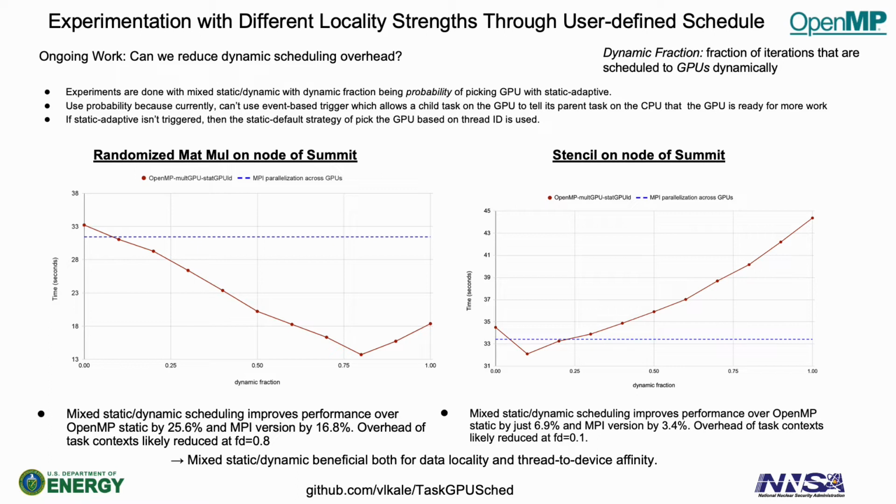The optimal dynamic fraction for the load-imbalanced code is about 0.8, and the optimal dynamic fraction for the stencil is 0.1. So this mixed static-dynamic approach is beneficial for both locality and thread-to-device affinity.